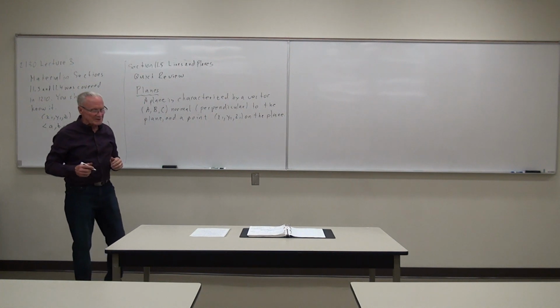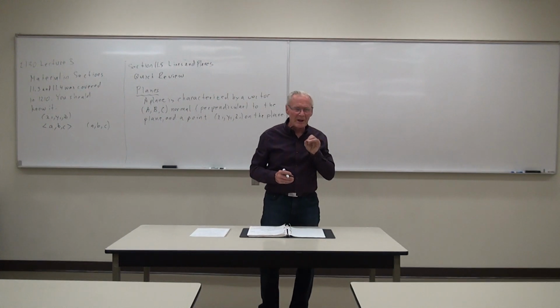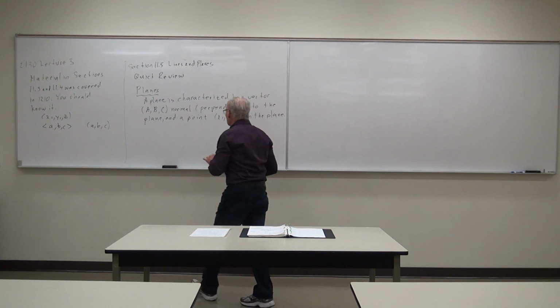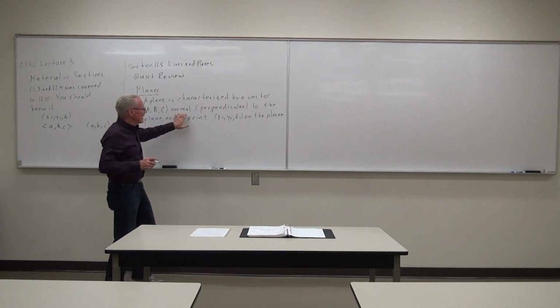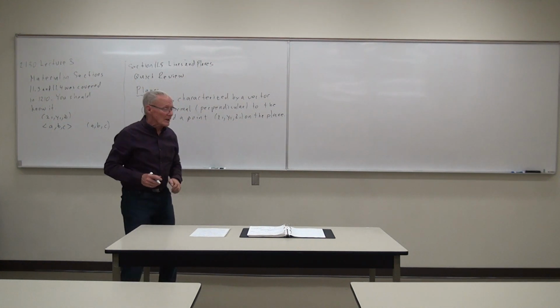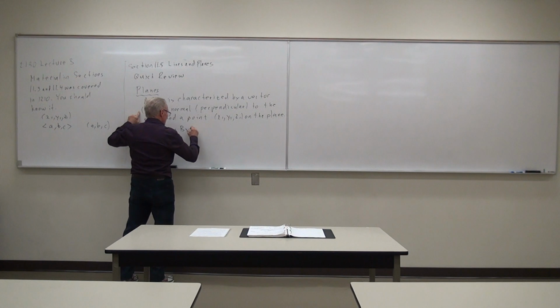When we talked about planes in 1210, we came to the realization after some discussion that a plane is completely characterized by two things: a vector, (a, b, c), perpendicular or normal to the plane, and a point (x1, y1, z1) on the plane. If (a, b, c) is a vector normal to the plane, then the equation of the plane is going to have this form.